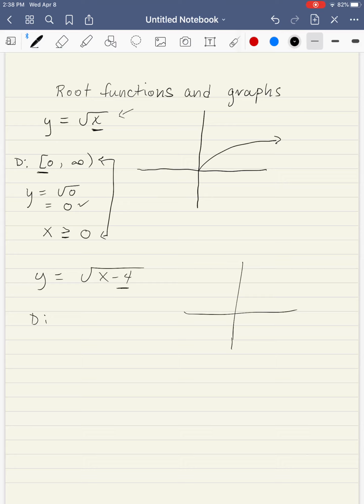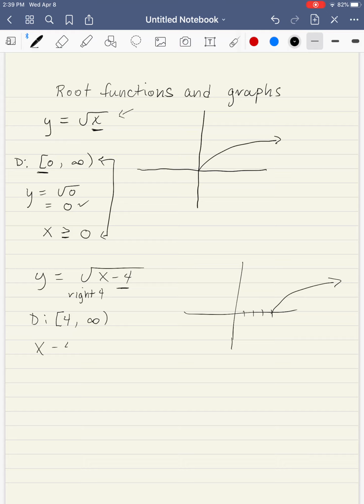Okay, using transformations, we see that the minus 4 inside of the radical, inside of the function, gives us a transformation right 4. So our basic square root graph moves over 4 units. And then we can see from the picture that we include 4 and then go to infinity.